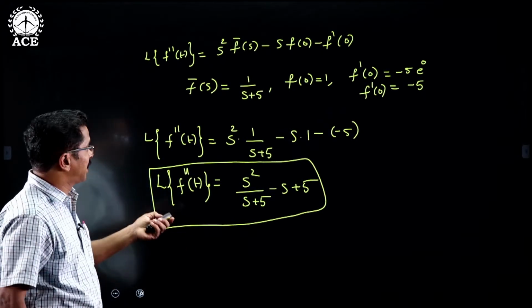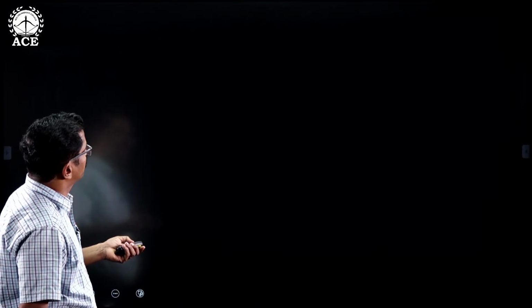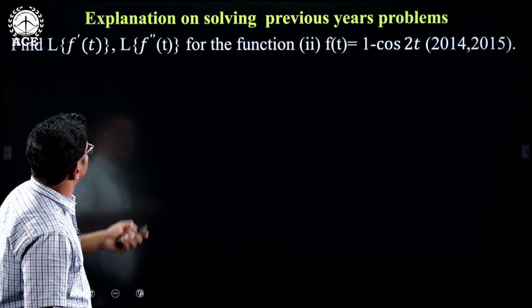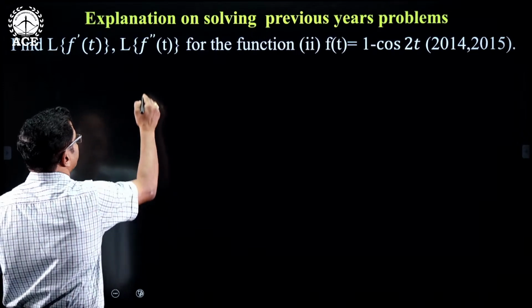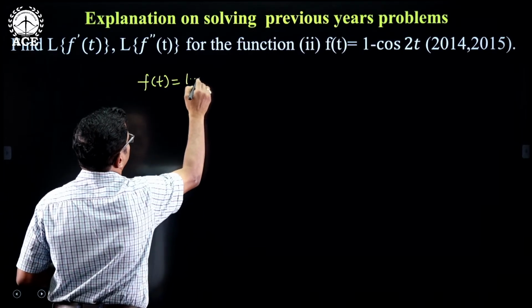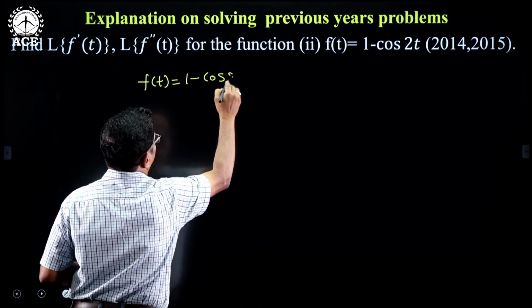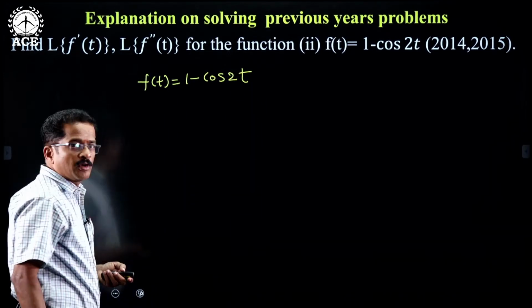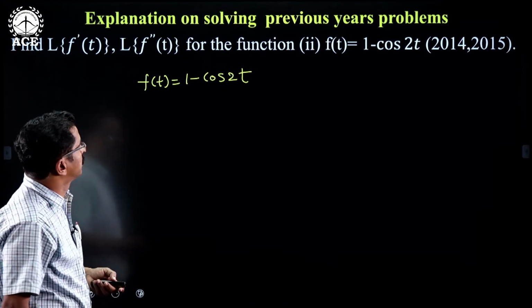So like this we evaluate Laplace transform derivatives. Next. So this one, here f of t equals 1 minus cos 2t.